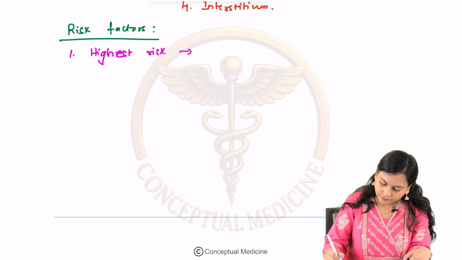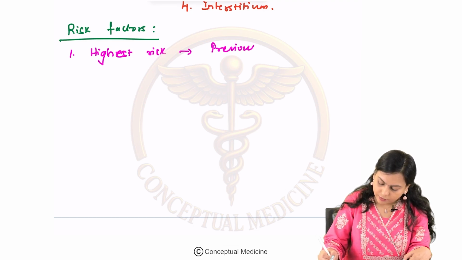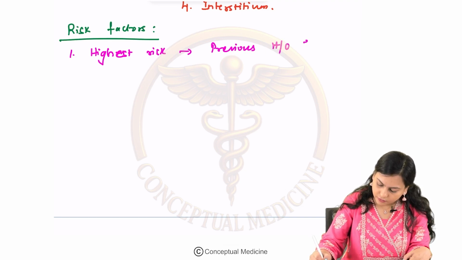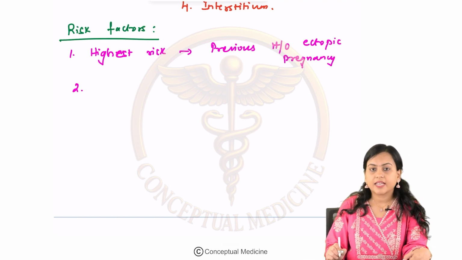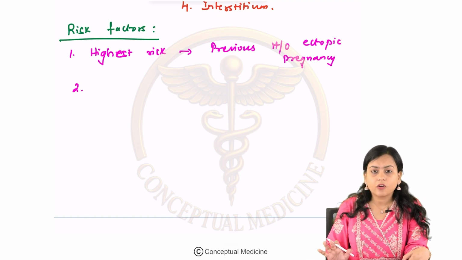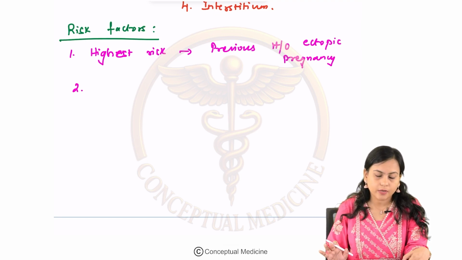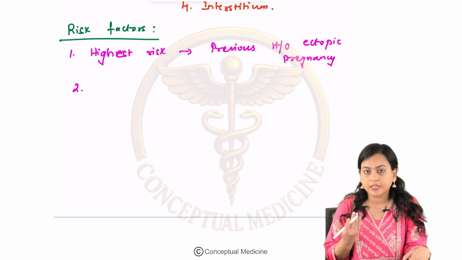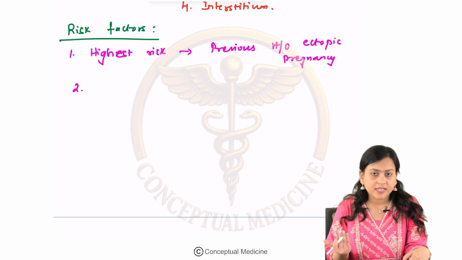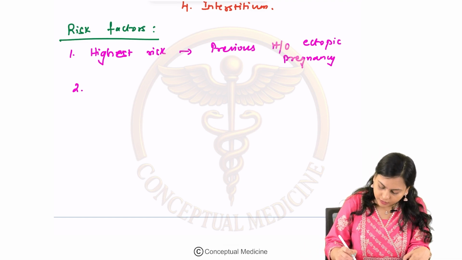And the second highest risk is when she has undergone any surgeries in the tubes. It can be a surgery for a prior tubal ectopic pregnancy, or when she has undergone a tubal sterilization or a recanalization procedure also. So, second highest risk is surgeries in the tubes.